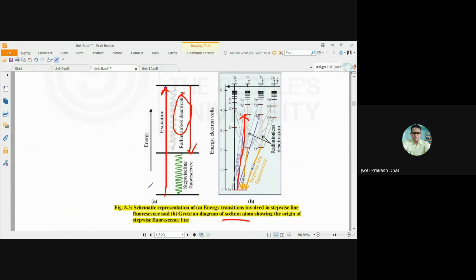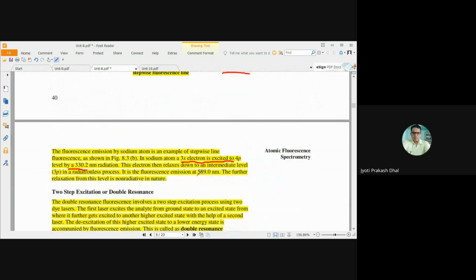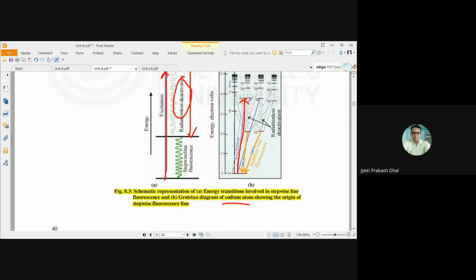From this 4p excited state, the electron relaxes down to an intermediate level, the 3p state, by emitting heat energy. So that cannot be analyzed through spectra.